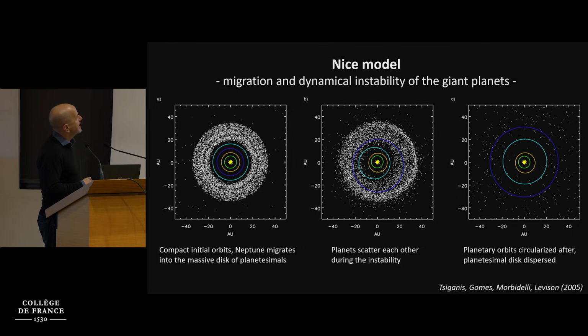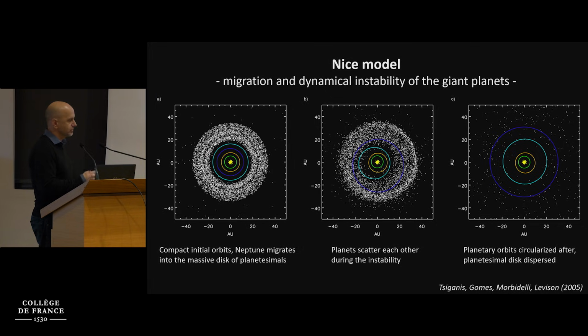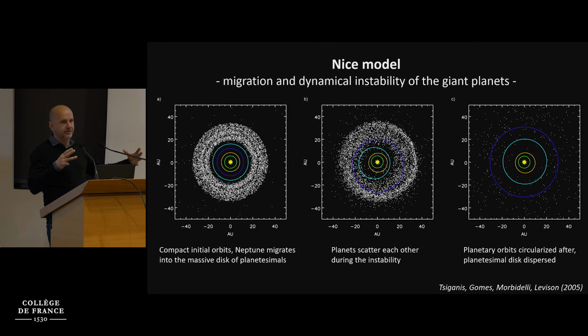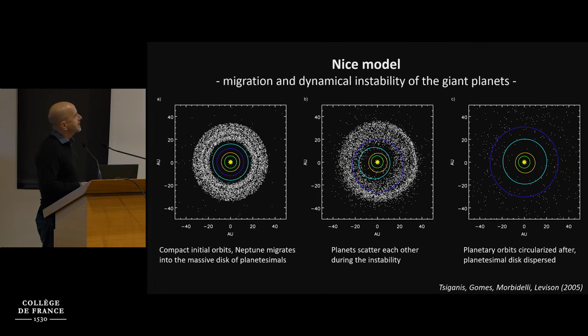Now, as planets scatter these small bodies out, they react to that and their orbits expand. That's something called the planetesimal-driven radial migration of the planet. So Neptune's orbit expands from maybe 20 astronomical units to 30 astronomical units.